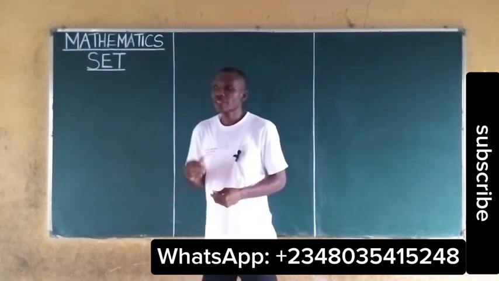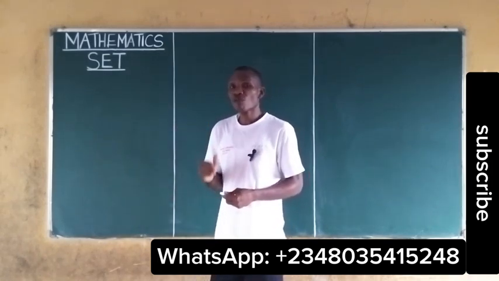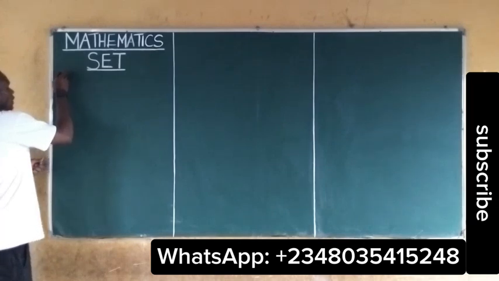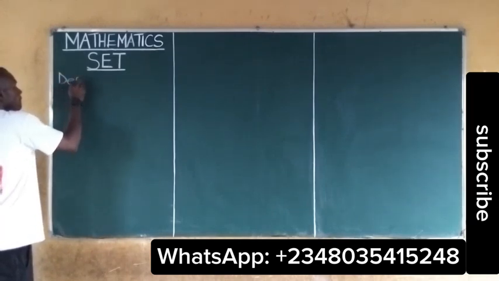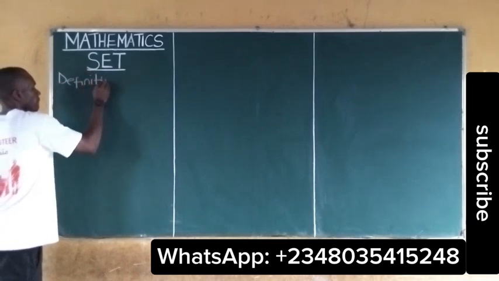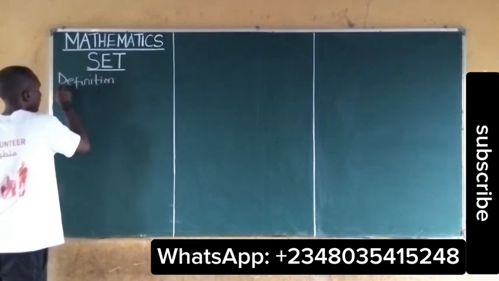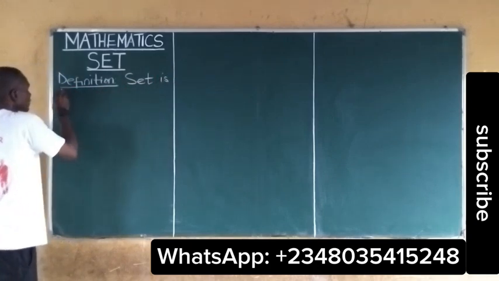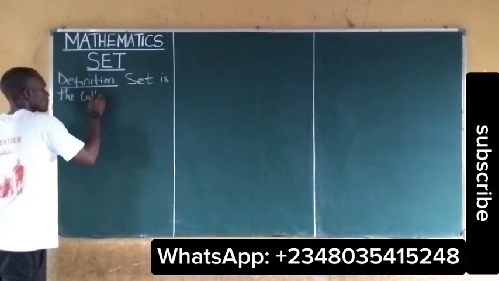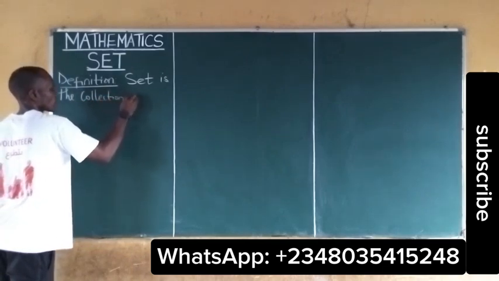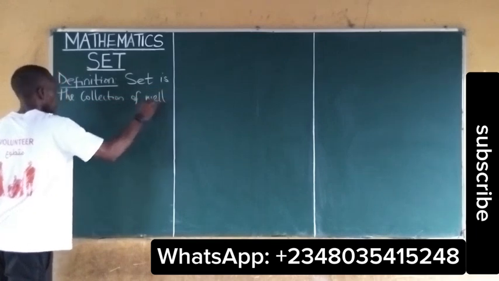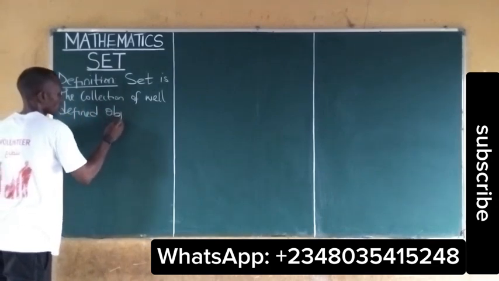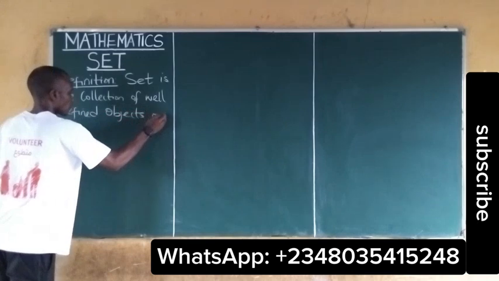What is a set? A set is a collection of well-defined objects or things.